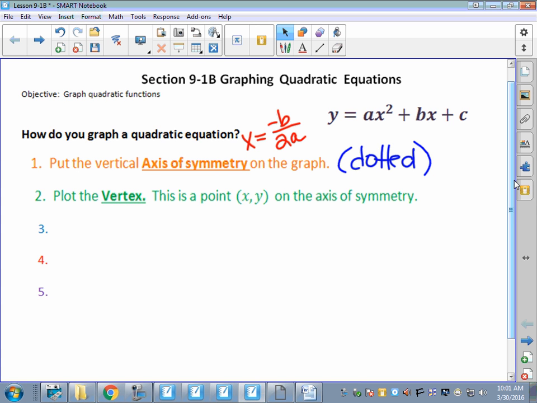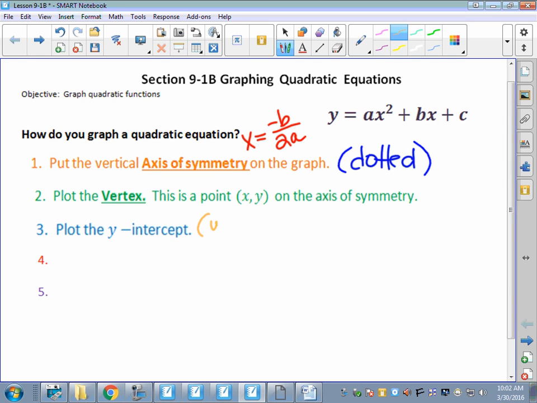put that into the equation to find the rest of the vertex. Once you put that dotted line and your vertex point on the graph, put the y-intercept on the graph. Y-intercept's on the y-axis. Typically, that'll give you another point. And I'm going to make a little note here. Use the axis of symmetry for a mirror image point.